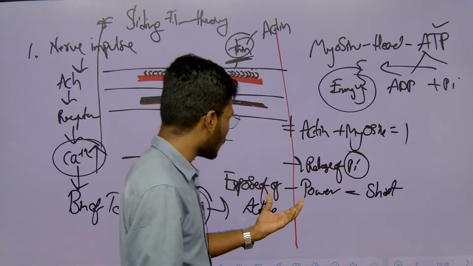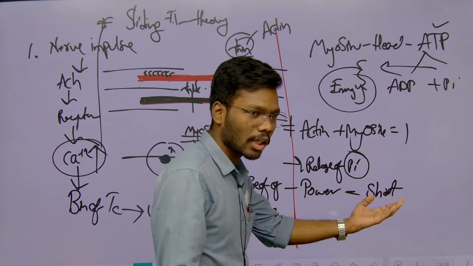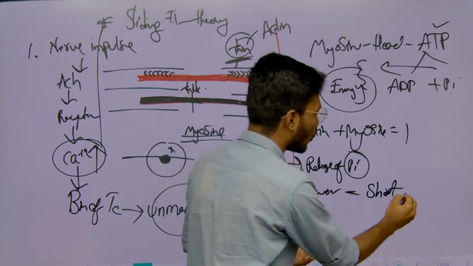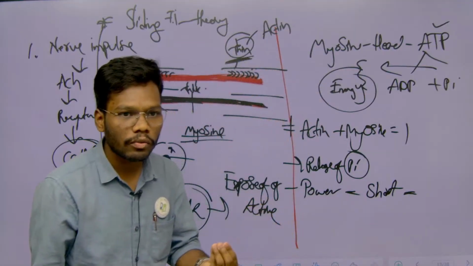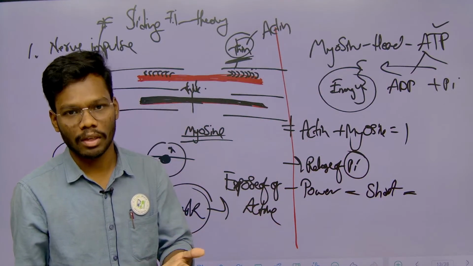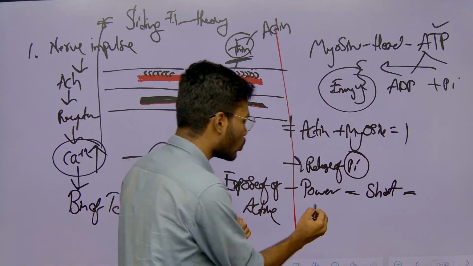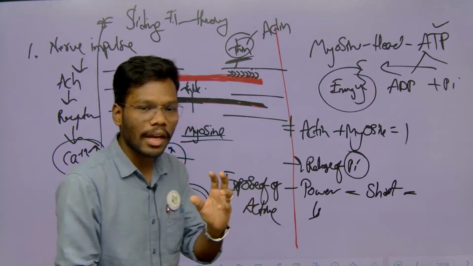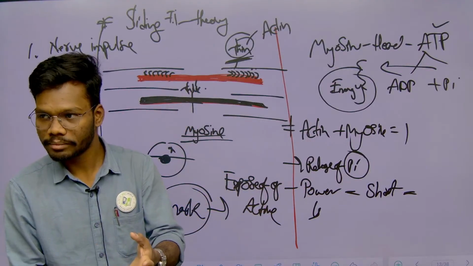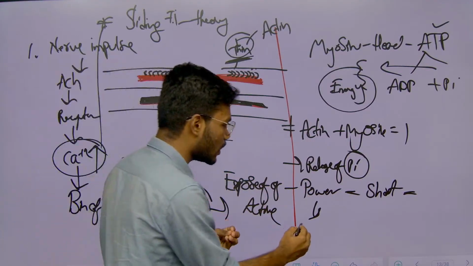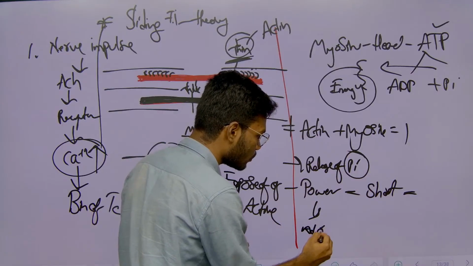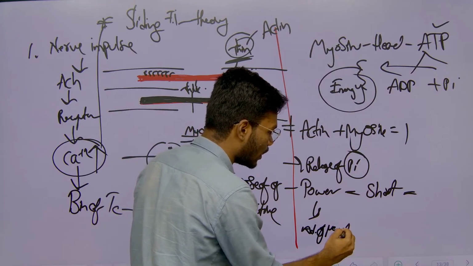Here, with the power stroke, shortening will happen. In shortening, there is sliding of thin filaments over thick filaments. Whenever contraction happens, it is done. Next there is an addition of new ATP.